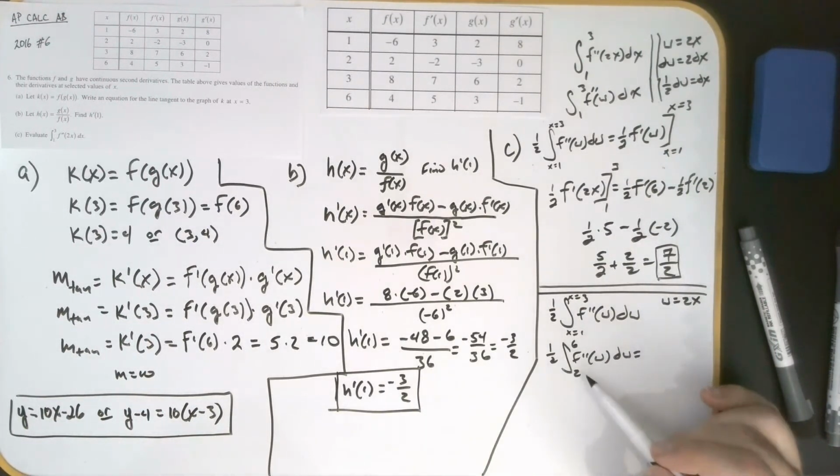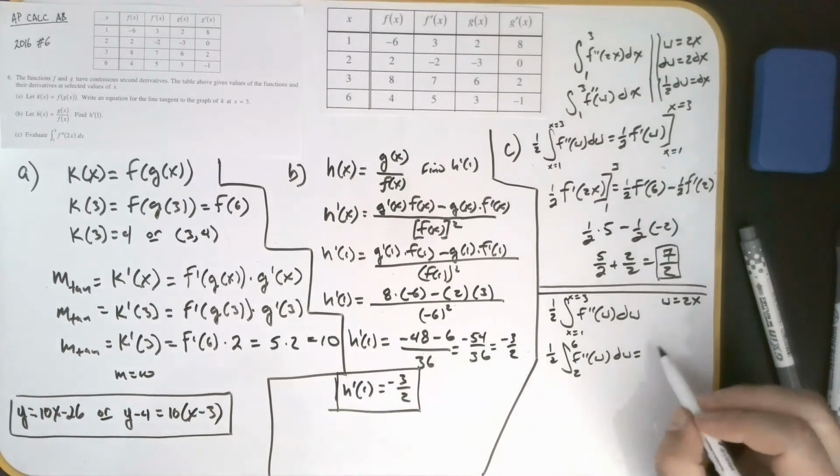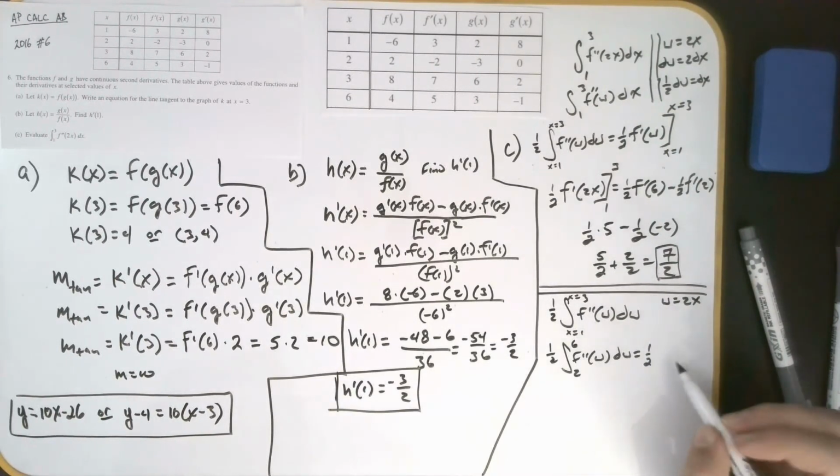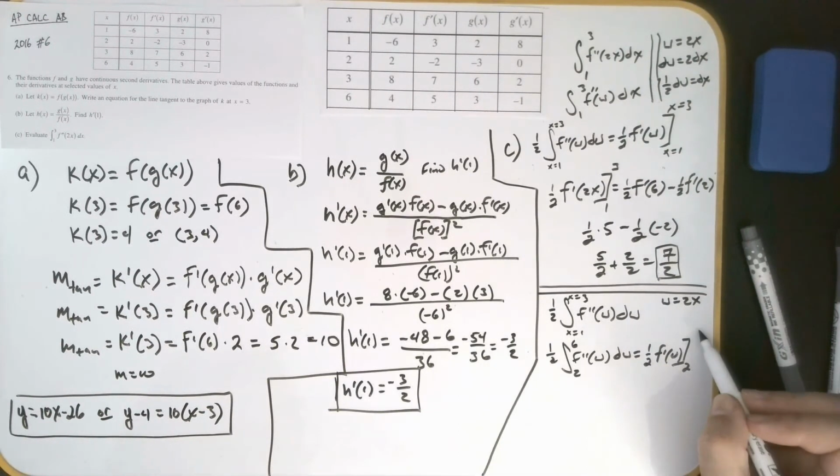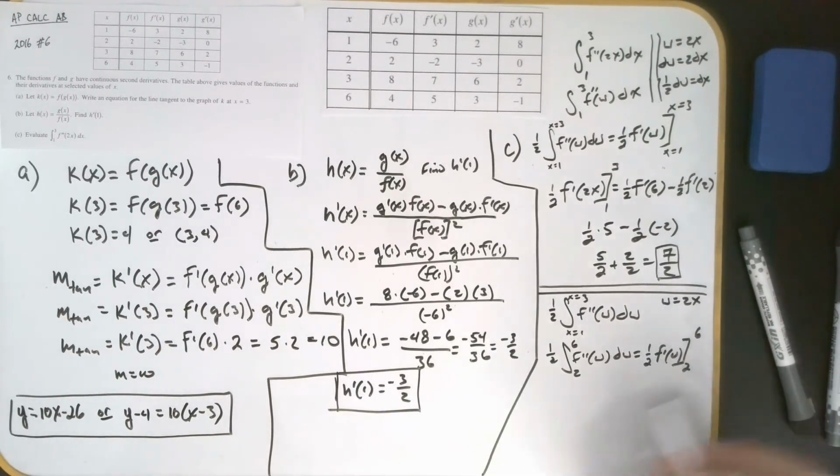So now it's 1/2 the integral from 2 to 6 of f double prime of u. You would say, oh, well that's just going to be 1/2 f prime of u, and you're going to evaluate it from 2 to 6. And so when you do that, you get 1/2 f prime of 6 minus 1/2 f prime of 2.